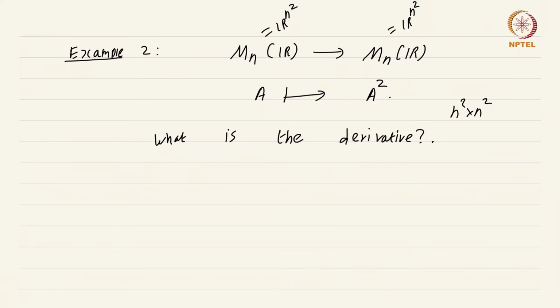However, first of all, this map is differentiable, and that can be seen by observing that once you write down the map in terms of Rn squared to Rn squared, it's very easy to see that each coefficient will be some polynomial in the entries, right? So first check that in fact this map is differentiable.